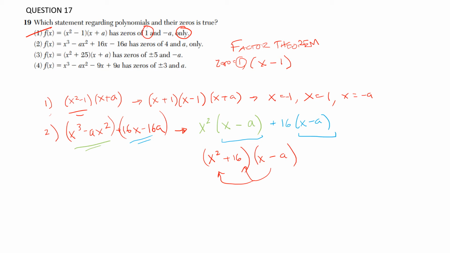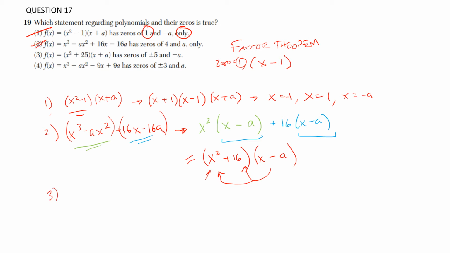So if we have it written this way now, over here it says that the zeros are 4 and 8 only. Well, if we plug 4 into here, that will not get us 0 as an answer. So that is not actually one of the zeros, and that immediately eliminates choice 2.